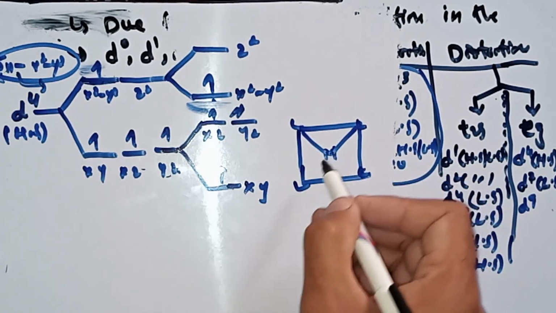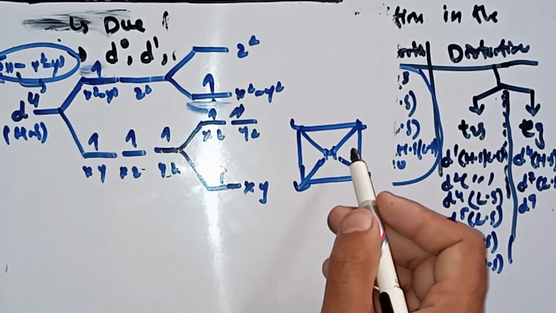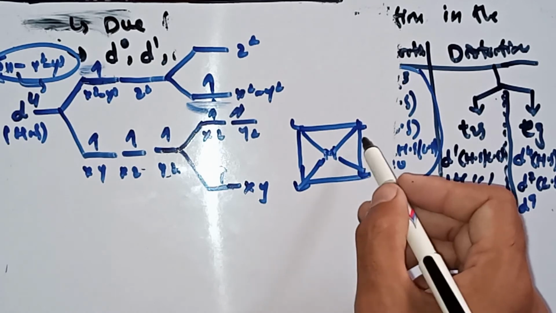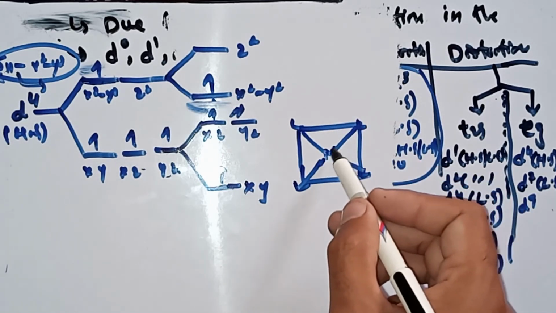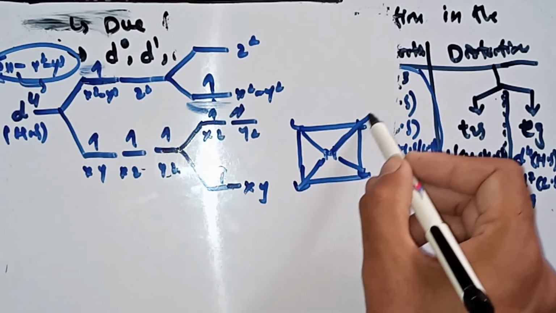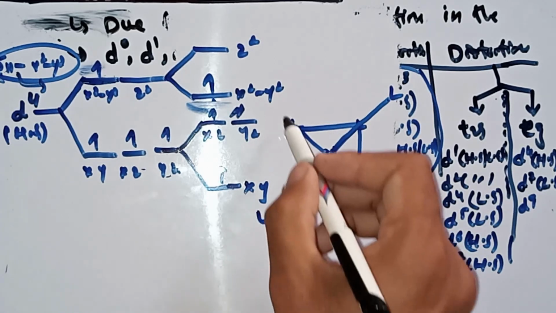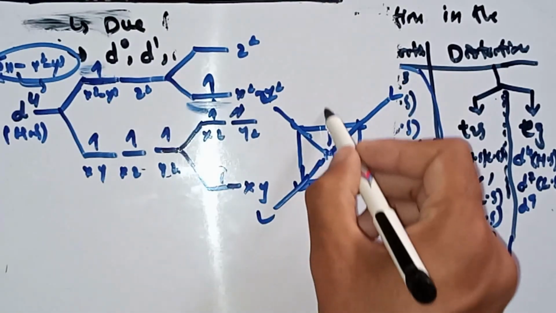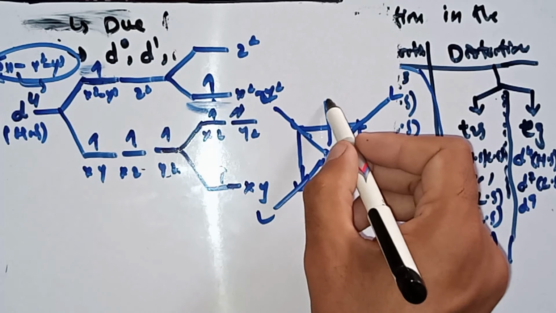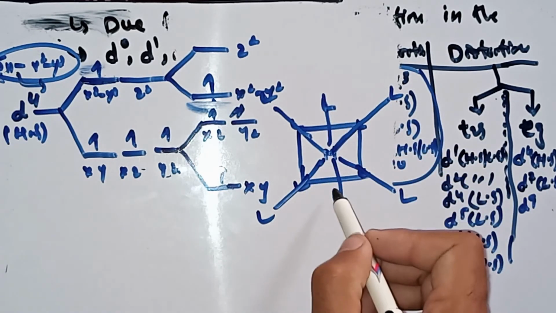These ligands are along the xy plane, so in this situation the ligands cannot approach the central metal atom because electron repulsion is present. So the distance of the ligands will be very large, far from the central metal atom. But in the case of the z square orbital, the ligands approach the metal nearer.